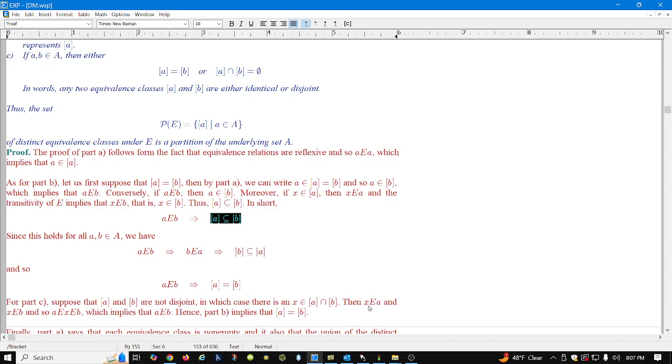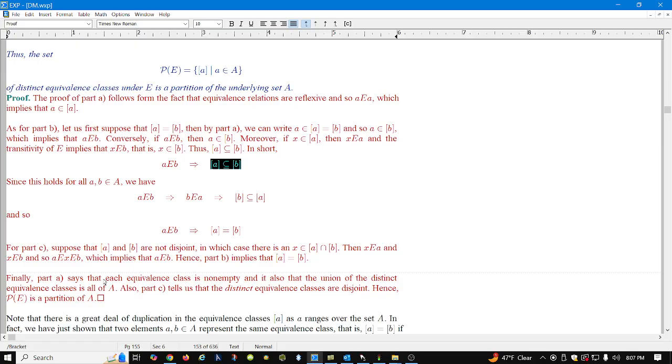Well, X is then equivalent to A. It's also equivalent to B. By symmetry, A is equivalent to X, which is equivalent to B. Transitivity gives us A equivalent to B. And by the previous part, we just proved the two equivalence classes are the same. So not disjoint means the same. So every pair of equivalence classes is either disjoint or the same.